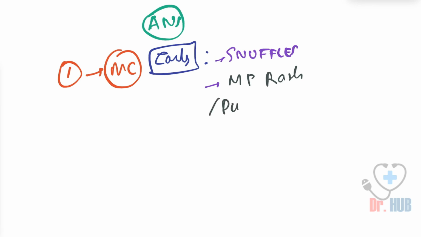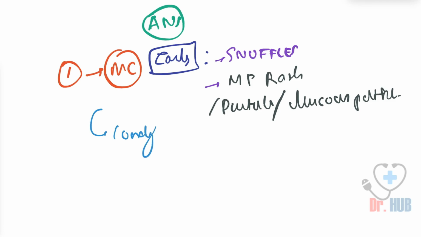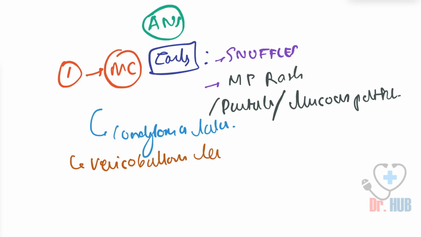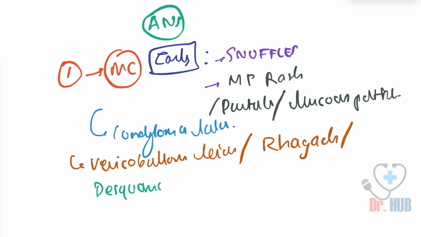There is the presence of pustules, mucus patches, and condyloma lata. Then comes the vesiculobullous lesions, the rhagades, desquamation, as well as alopecia.